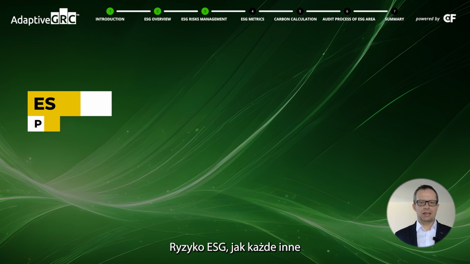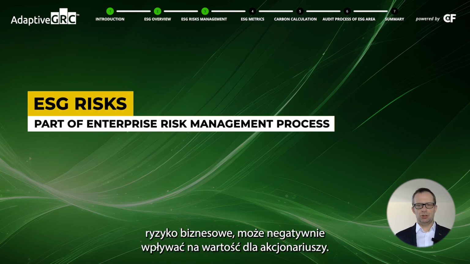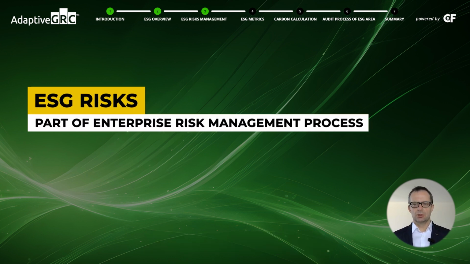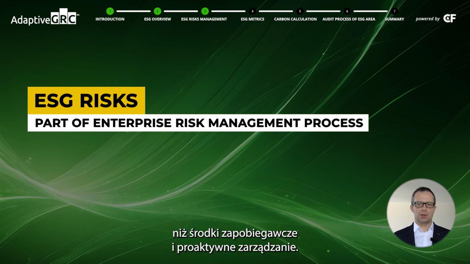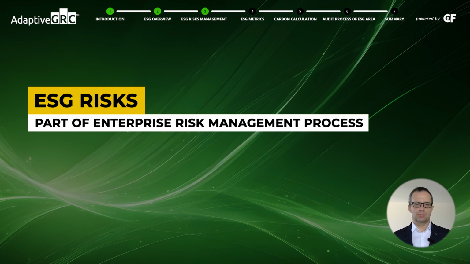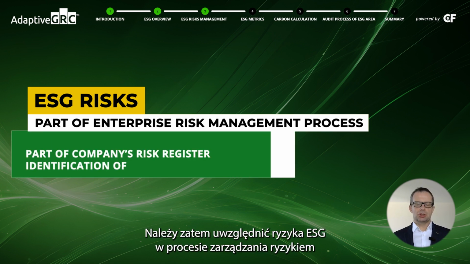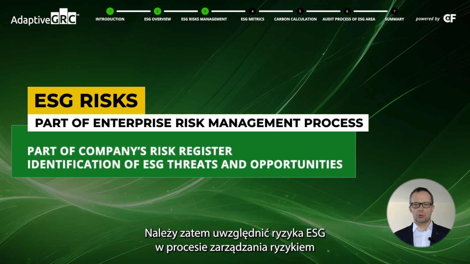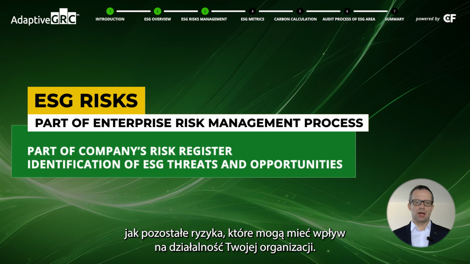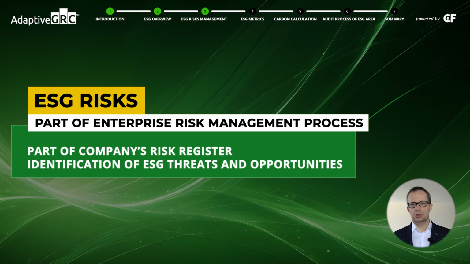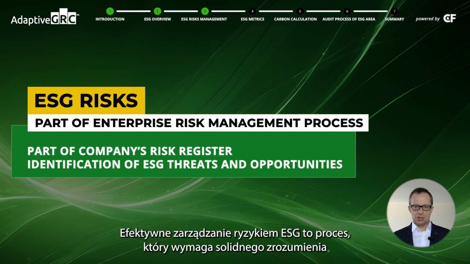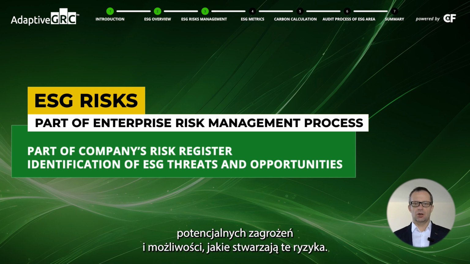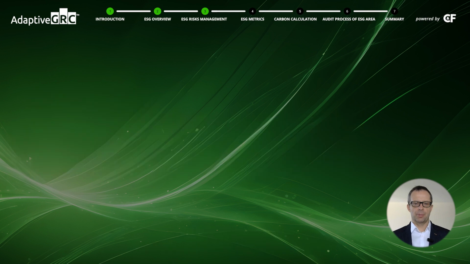ESG risks, like any other business risk, can be detrimental to shareholder value. The cost of repairing the damage can be higher than preventive measures and proactive management. So ESG risks should be included in your risk management process like any other risk that may affect your organization's activities. Effective ESG risk management is a process that requires a solid understanding of the potential threats and opportunities these risks present.